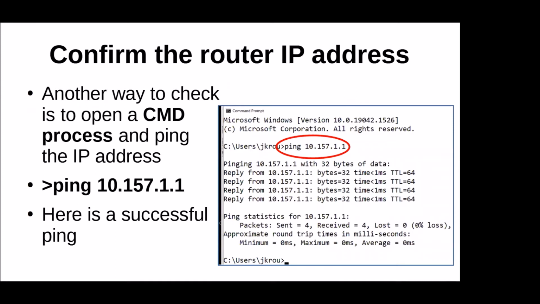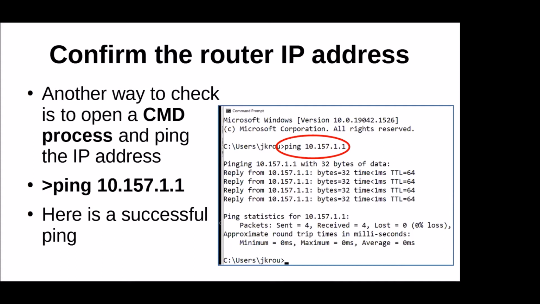Another way, okay, if you have what you suspect is the correct number, you can open a command prompt window in Windows and ping the IP address. And I've circled the command that I used to ping my new router. And here's an example of a successful ping. So that is an additional confirmation.